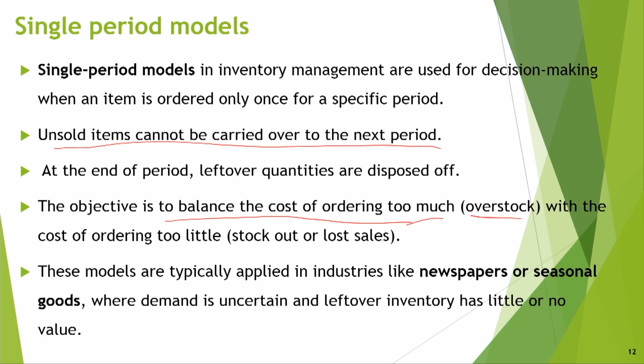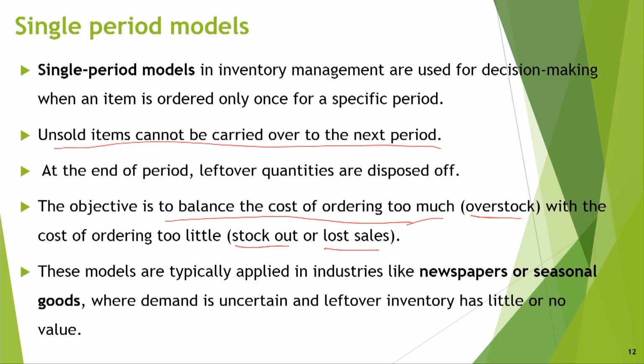If you order too much, you are overstocking. If you order too little, you have a stock out situation: people are demanding but stock is out, and there are lost sales, that means you could have got that sale but you lost it.